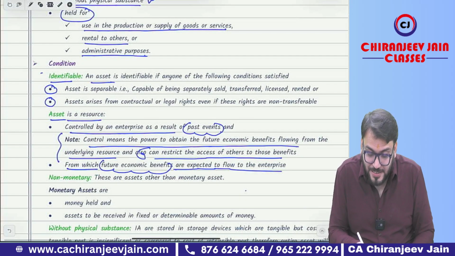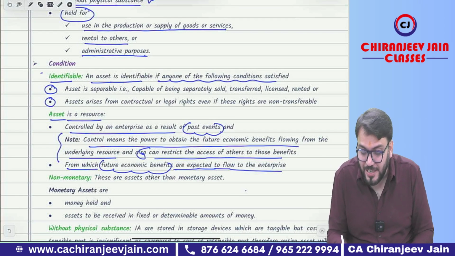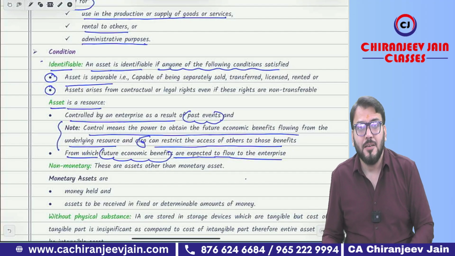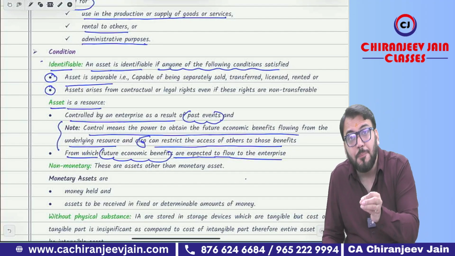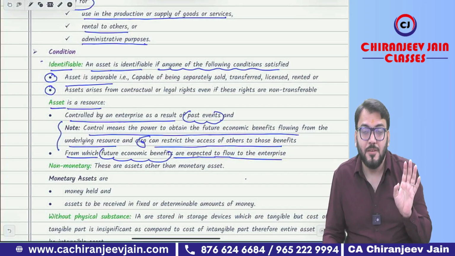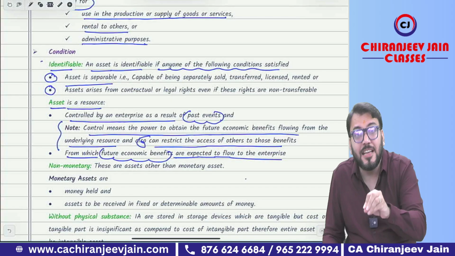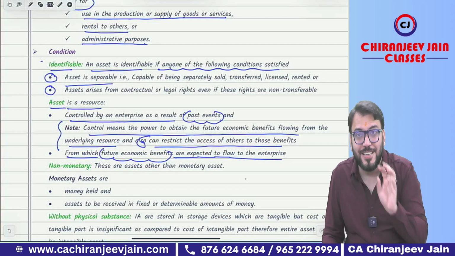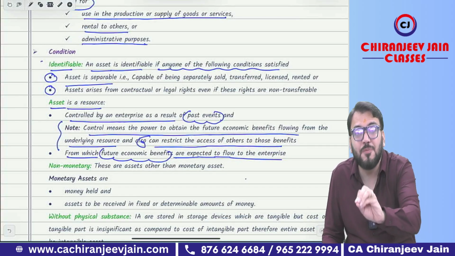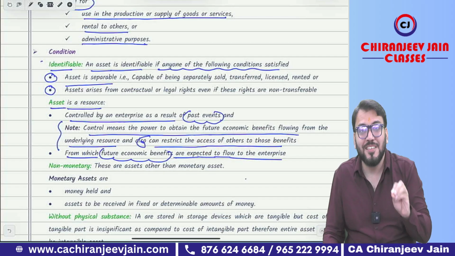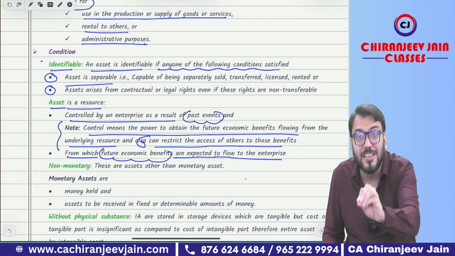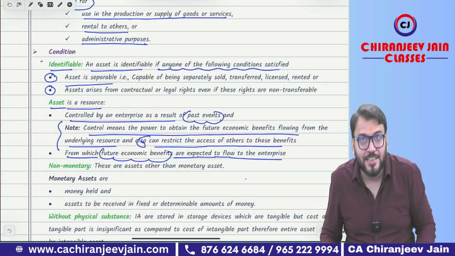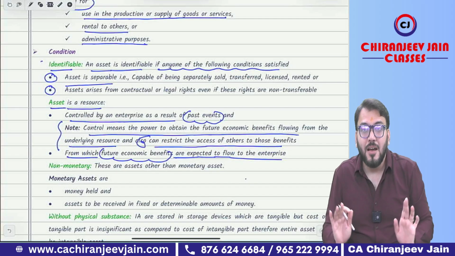First, it is separable, means any asset which can be separated from the business and can be sold separately, given on rent separately, or transferred to another person separately. It is identifiable. Got this point?